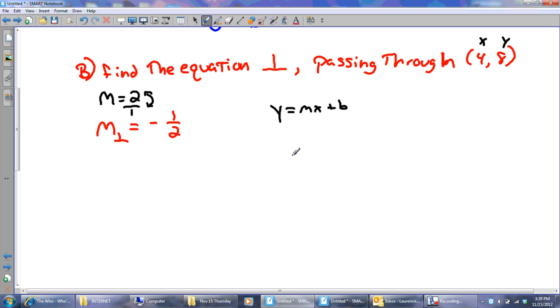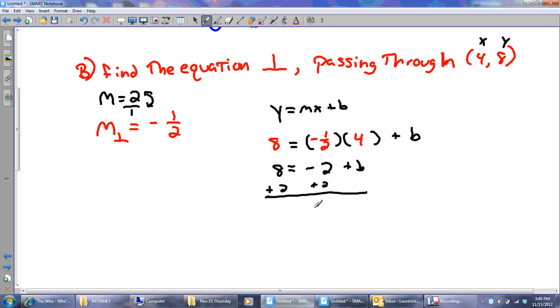I'm going to substitute in values for everything except for b. I'm going to solve for b. So I put 8 in there, and put negative 1/2 there, and put 4 there. I'm going to simplify my equation. The right-hand side, negative 1/2 times 4 would be negative 2 plus b. I'll add 2 to both sides, and I'll get that b equals 10.